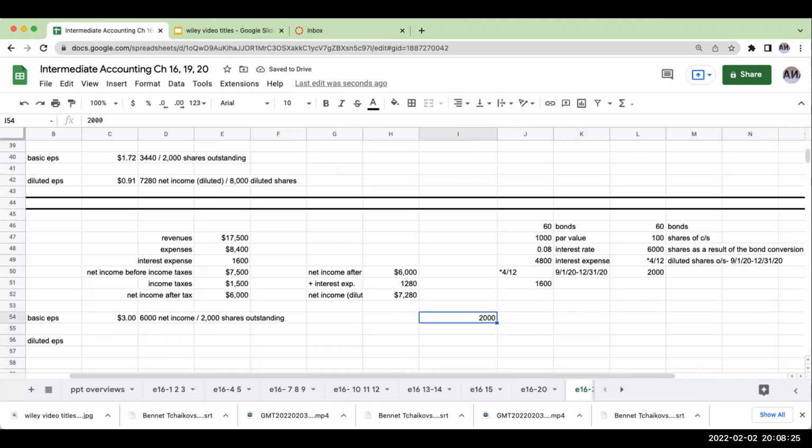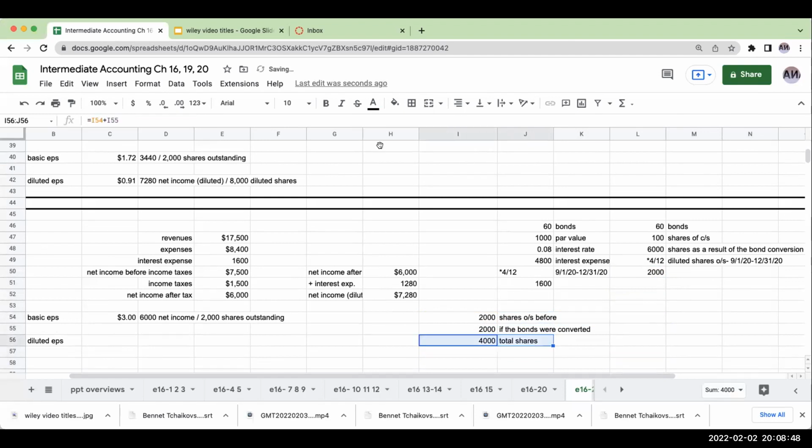So I had 2,000 shares outstanding before. I'm going to have another 2,000 diluted, basically if the bonds were converted. And so this gives me 4,000 total shares.